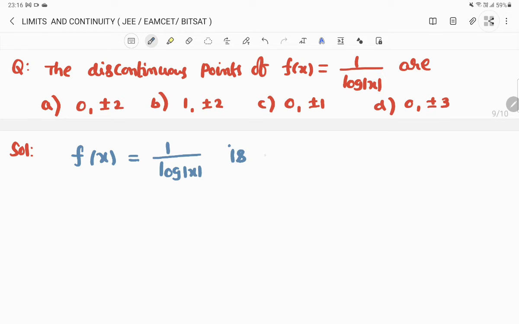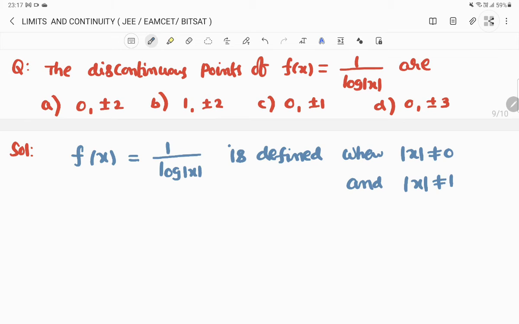1 by log mod x is defined when the denominator is not equal to 0. That is, log mod x is defined when mod x is not equal to 0, and mod x should not be equal to 1 also.